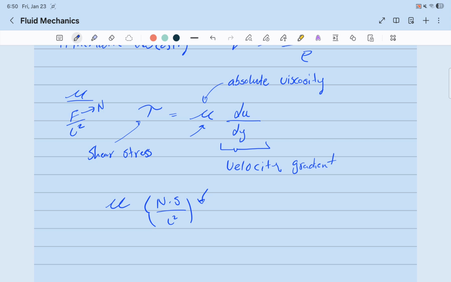The velocity gradient, du has units of length over time, dy has units of length. Therefore mu viscosity will be force times time over length squared.